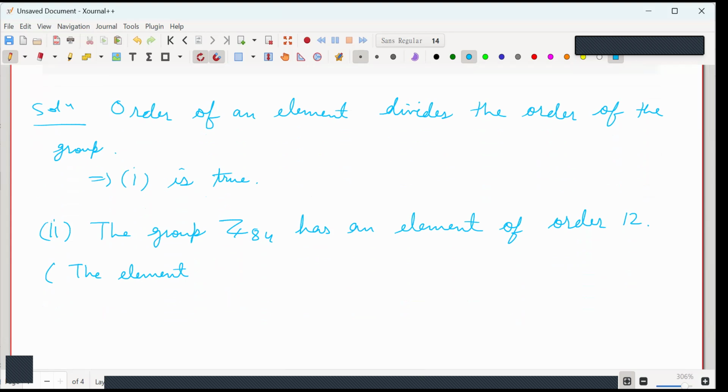I'm sorry, the opposite. 8 bar? No, 8 bar will not have it. Sorry, 7 bar. Very nice. So 7 bar has order 12. Just divide 84 by 12.